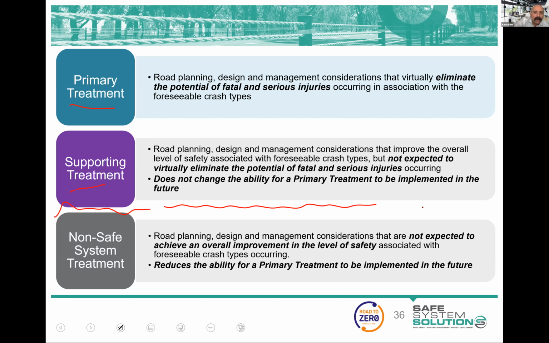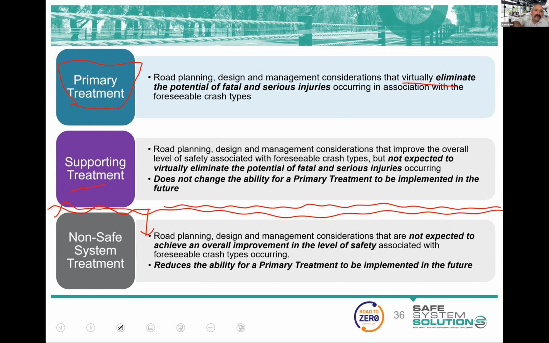Now, you're not going to be recommending non-safe system treatments, we hope. So that's in there a bit more for terminology. But what you're going to do is either say, yep, that treatment that I'm proposing is primary because it virtually eliminates the potential for fatal or serious injuries occurring in association with that crash type that we're particularly focusing on.